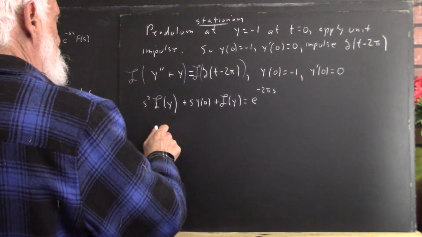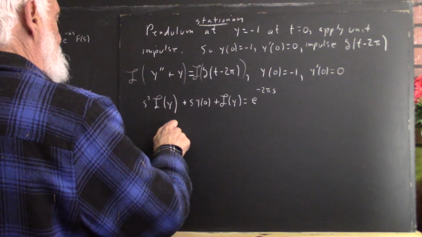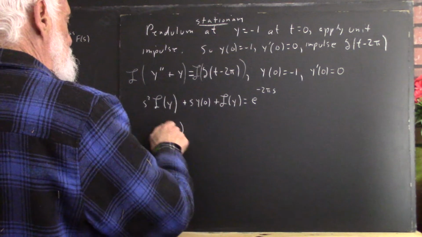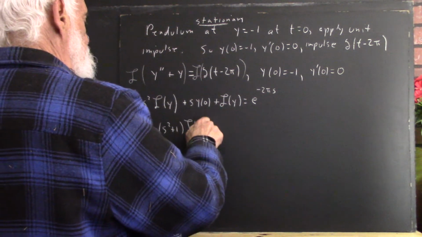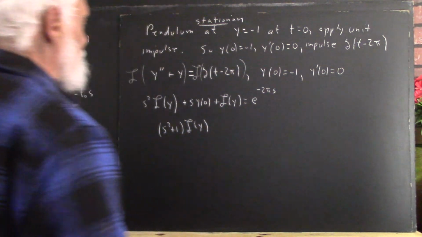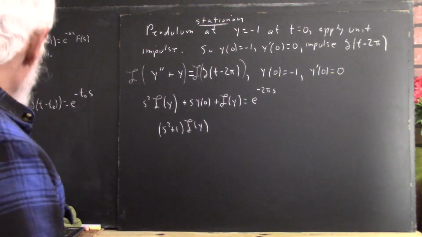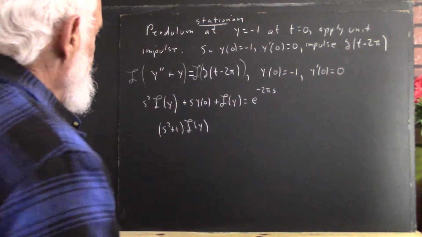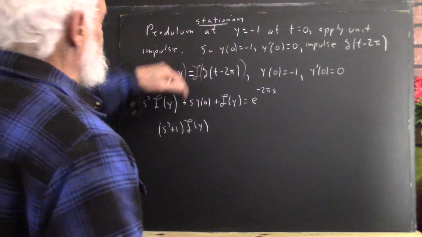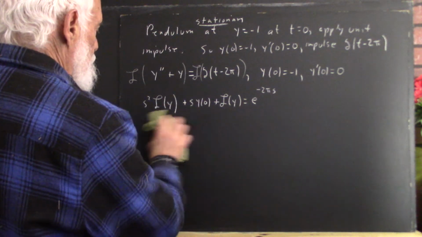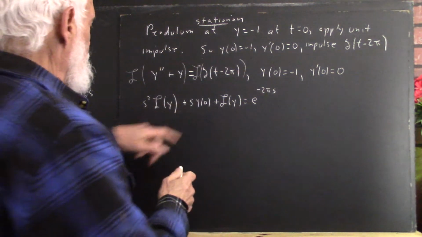This gives us s squared plus 1 times L of y. Got to have this too.